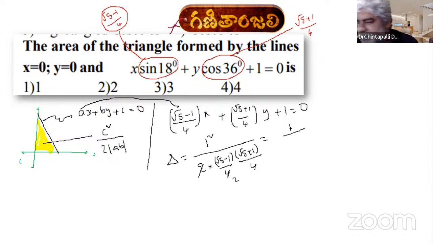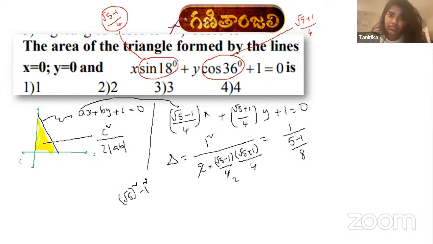So here a square means root 5 whole square, minus 1 square.